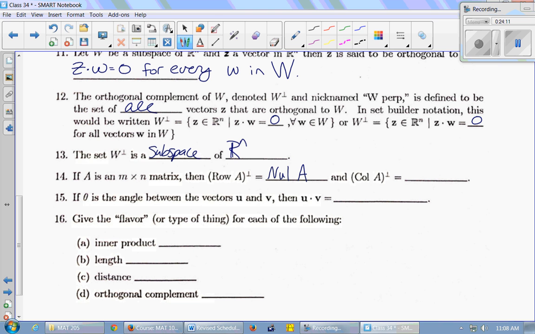So the set of all vectors that are perpendicular to every vector in row A is the null of A. And then the orthogonal complement of col A, which is the same thing as row A transpose, would be, what do you think? Null A transpose.